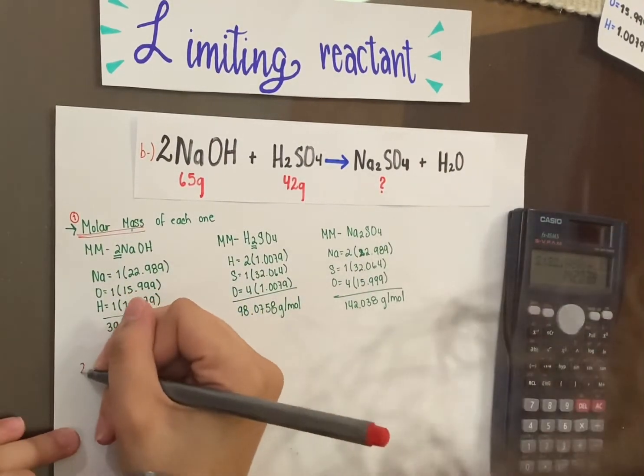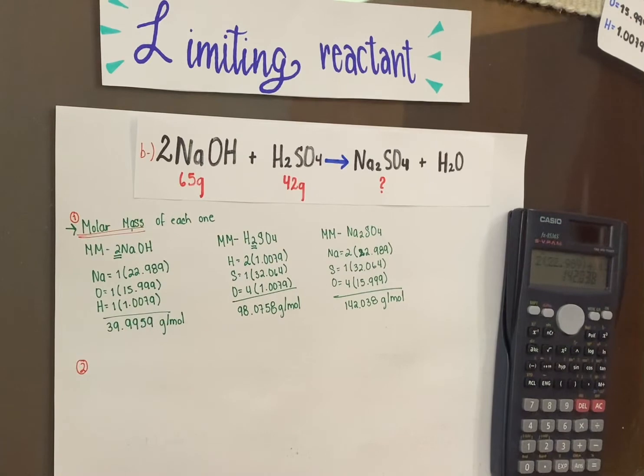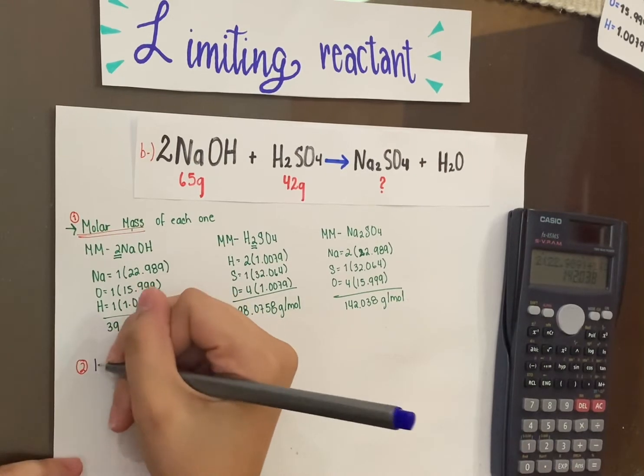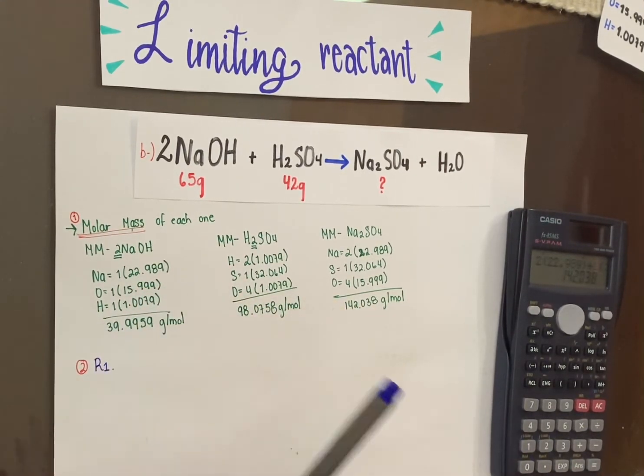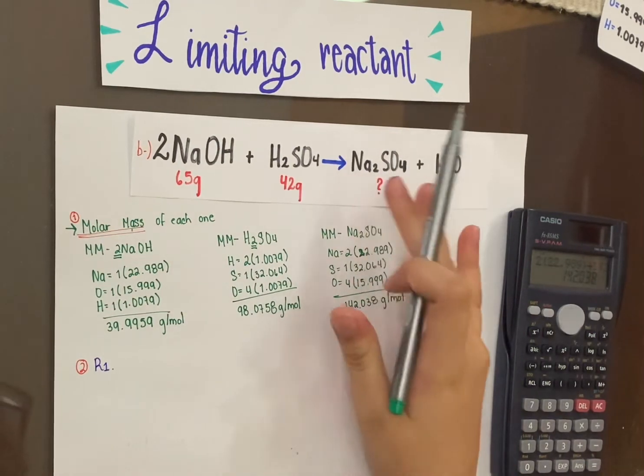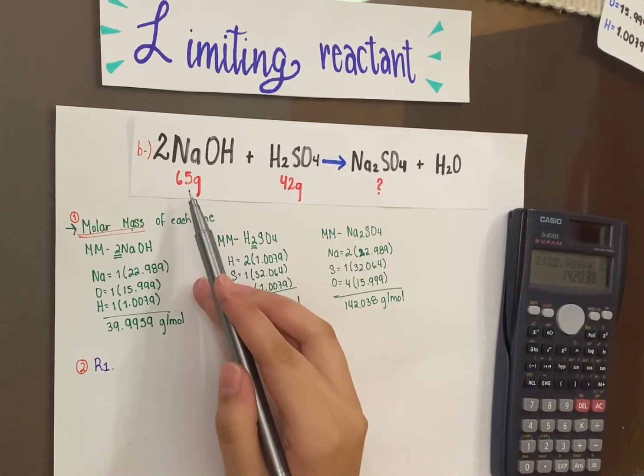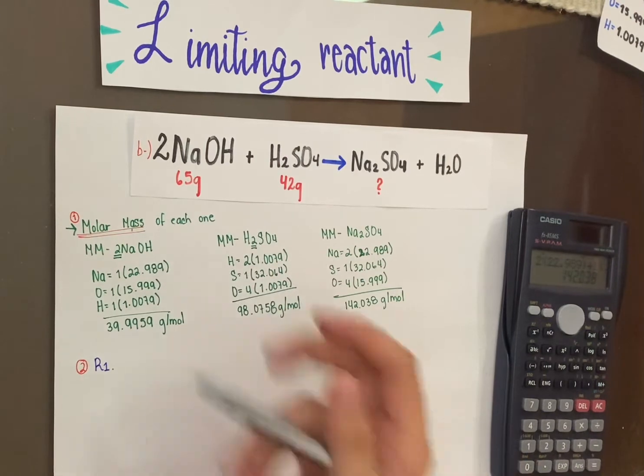So my second step will be to divide into reactant 1 and reactant 2, right? So reactant 1, the equation tells me that I have 65 grams.